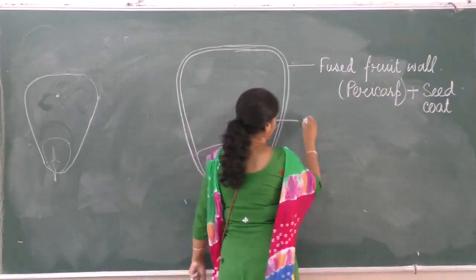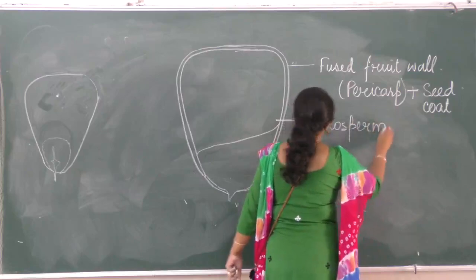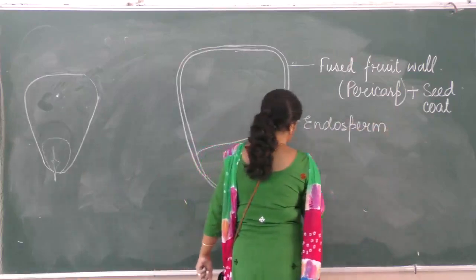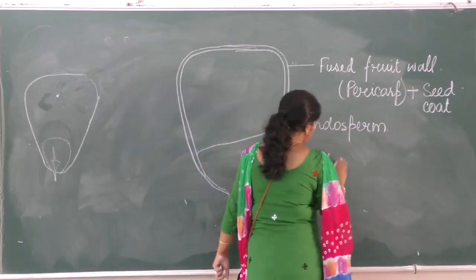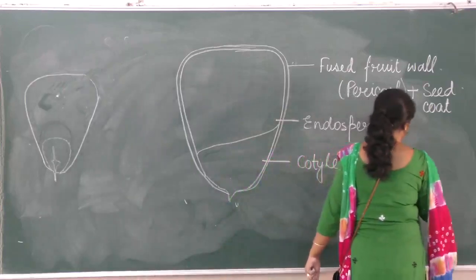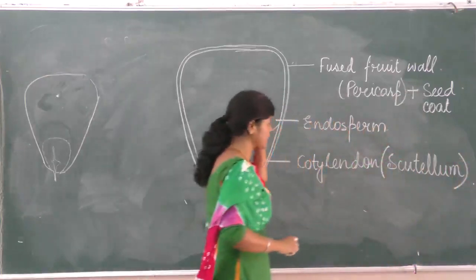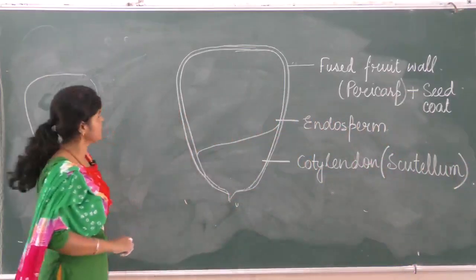See, this is the endosperm, and this is the cotyledon, a single cotyledon. This cotyledon is also known as scutellum. The single cotyledon of a grain is also known as scutellum.